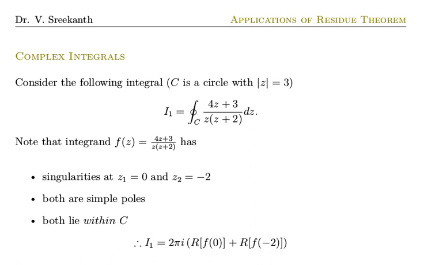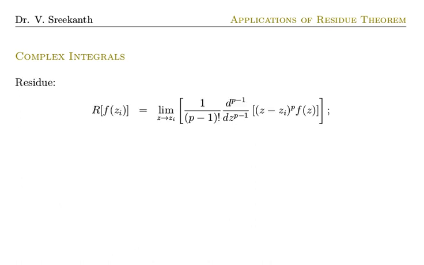Now we just need to calculate these residues, nothing else, and the integral is solved, right? Now how do we calculate the residue? We saw that the residue of a function f at zi is the limit as z goes to zi of 1 by (p minus 1) factorial times d raised to p minus 1 by dz raised to p minus 1 of (z minus zi) raised to p times f of z, right?